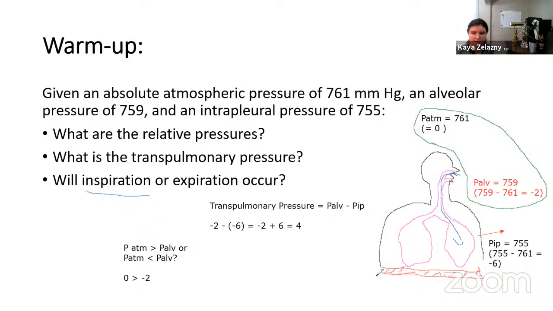So at the bottom here, you can see that I drew my diaphragm as flat, right? So I drew this diaphragm as flat because I was drawing a contracted diaphragm for us. So contracted means that when that diaphragm tightens, it pushes down on the abdomen. It usually has a dome shape.